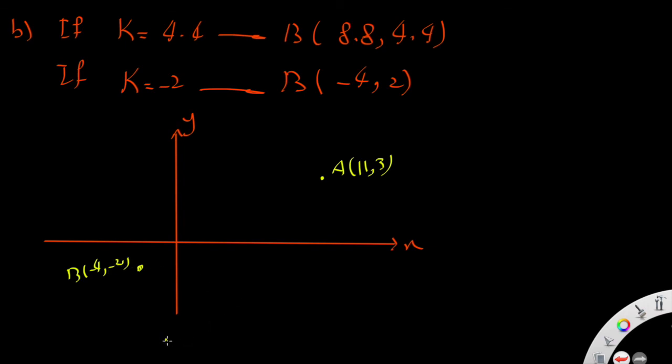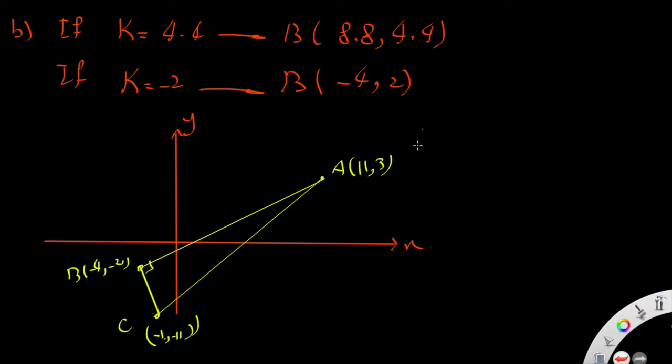And C here, a little bit more, -1 and -11. Here will be C. Then join them. They make an angle of 90.